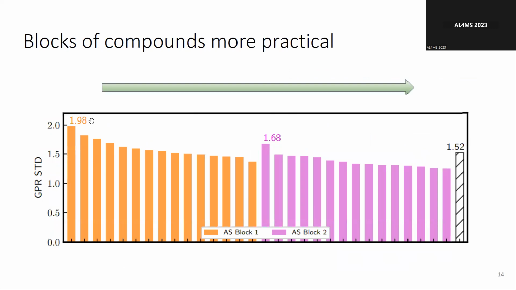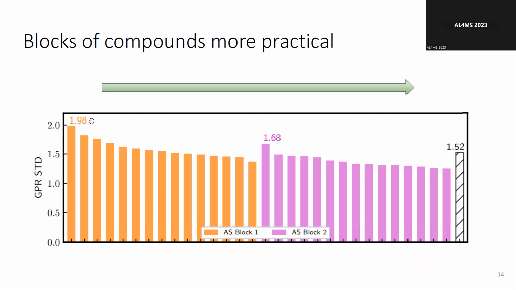In practice, it's a bit tedious to add in one compound at a time. Though these are big calculations, you still kind of lose track of it if you just have to add one compound a week into your machine learning method and into the DFT calculation. So we did this in blocks of 15 compounds.